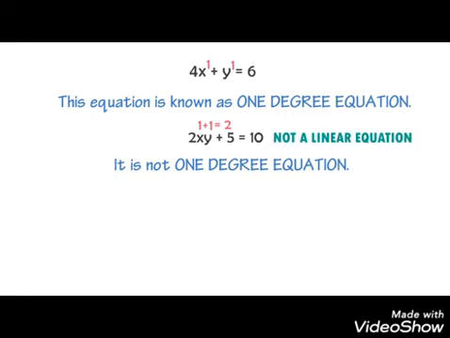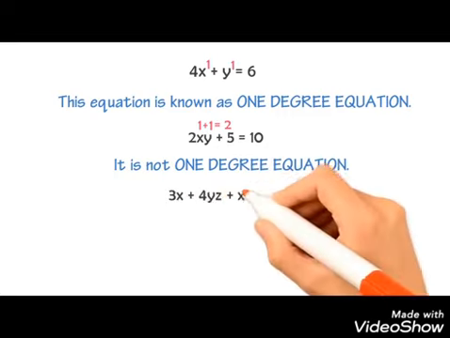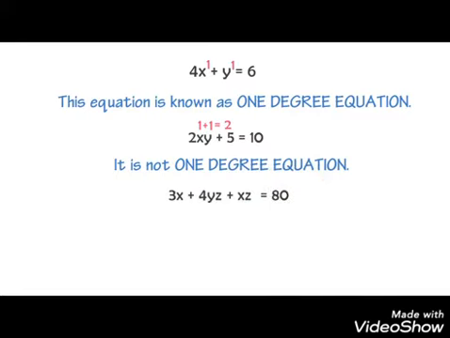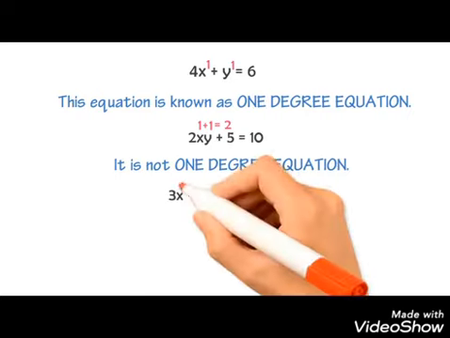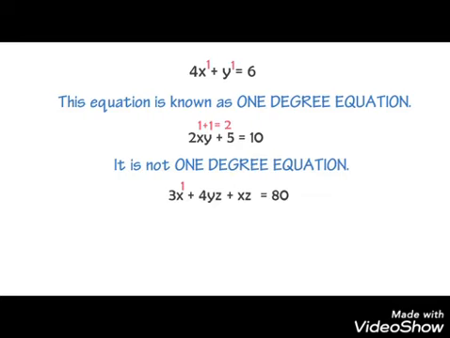Now again, if I write 3x plus 4yz plus xz is equal to 80, in this equation there are four terms. The power of first term x is 1. The power of second term: y is 1 and the power of z is also 1. Hence 1 plus 1 is equal to 2.